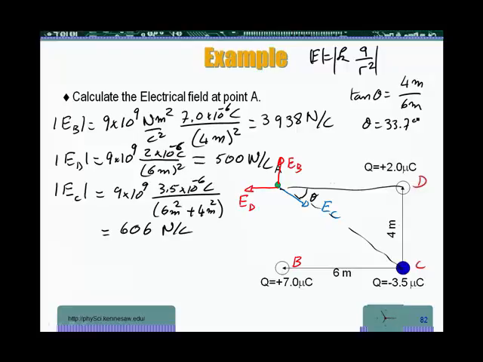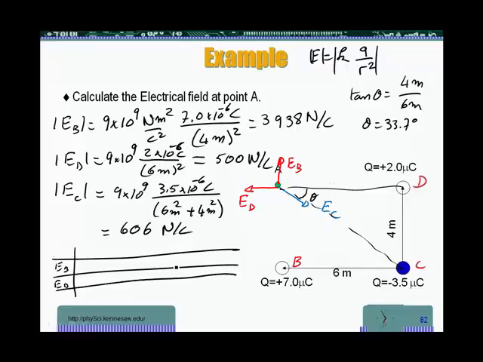Okay, now, I'm going to try to use the space wisely if I can. Now this is EB, ED, EC, and this is the sum. This is the x component and this is the y component.